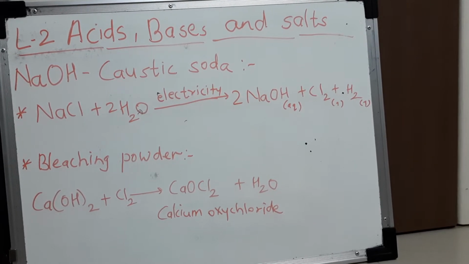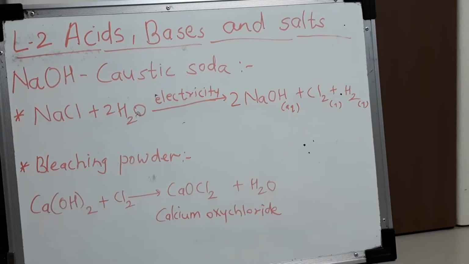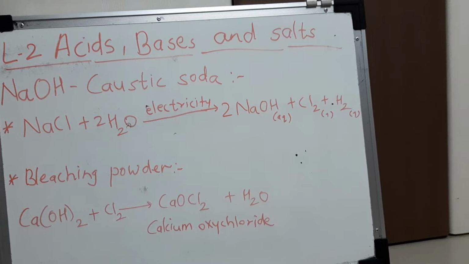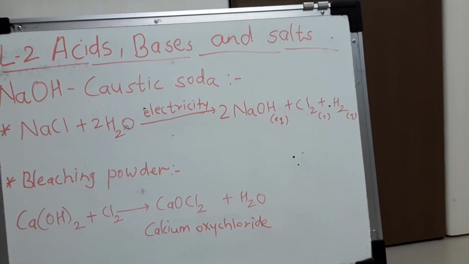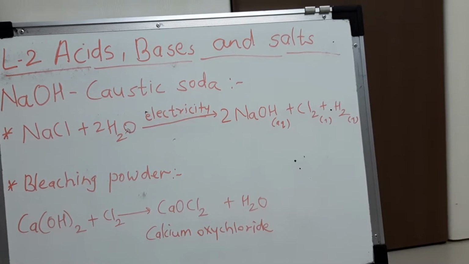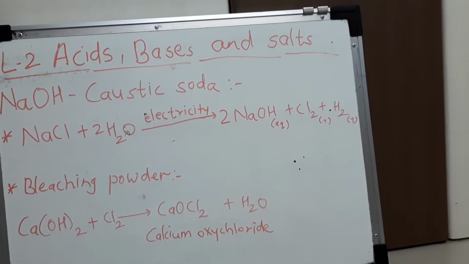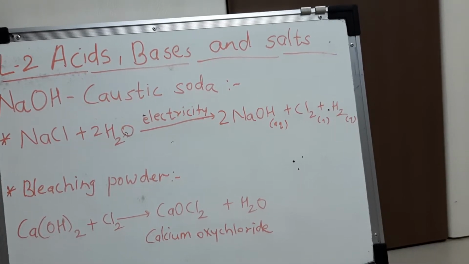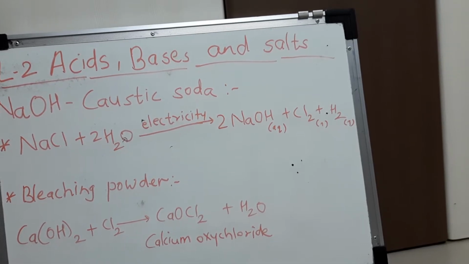So when we pass electricity through this brine, it gets decomposed into aqueous sodium hydroxide, chlorine and hydrogen gases. Now see, in electrolysis, sodium hydroxide is in aqueous form. Chlorine gets evolved near the chloride ion, Cl minus ion.